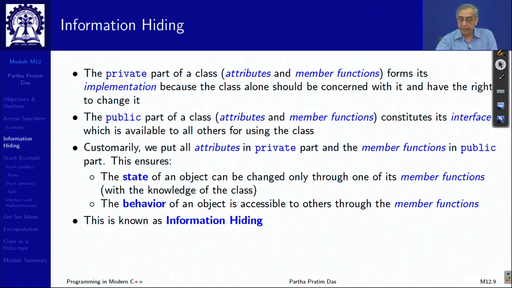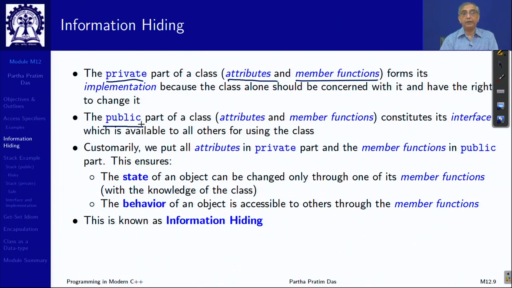So, when I say private members of a class, whether they are data members or member functions, they are necessarily how I have implemented it. And I have a right to change it any time, as long as I do not change the interface. And what is the interface?